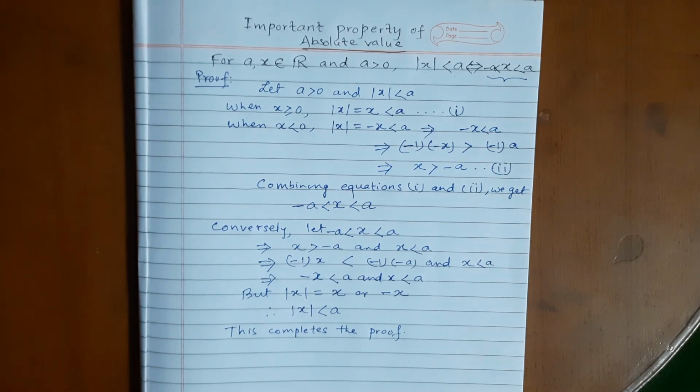This is the property which is mostly used while solving questions on the topic of absolute values, and it is also important from the examination point of view because it is frequently asked in board examinations.